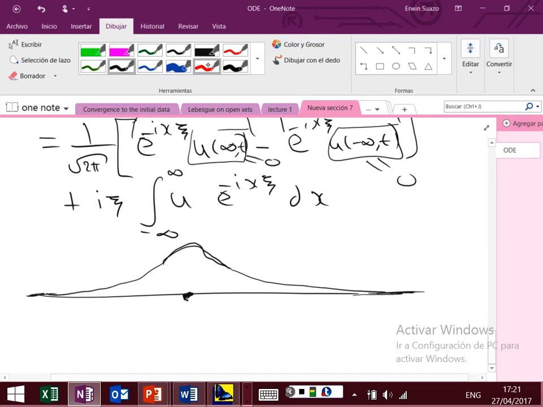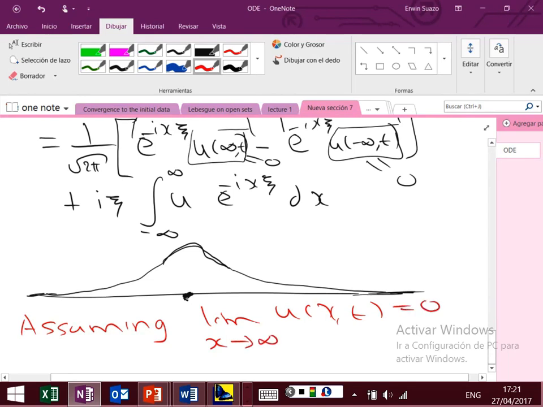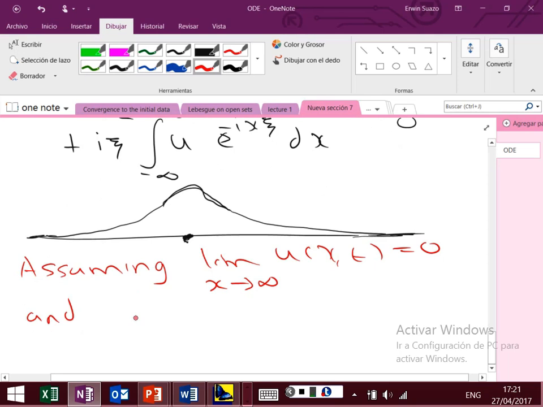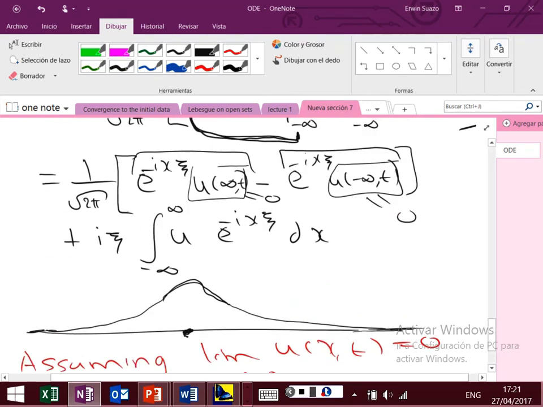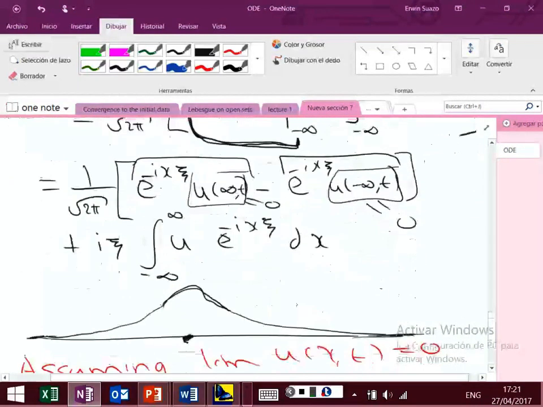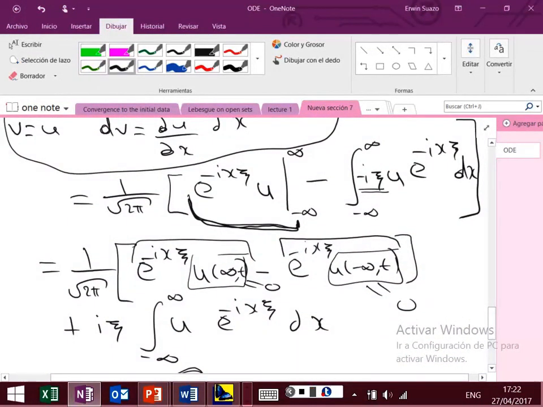So assuming the limit of u(x,t) as x goes to infinity is 0, and the limit as x goes to minus infinity of u(x,t) equals 0, we obtain that this term goes away, right?